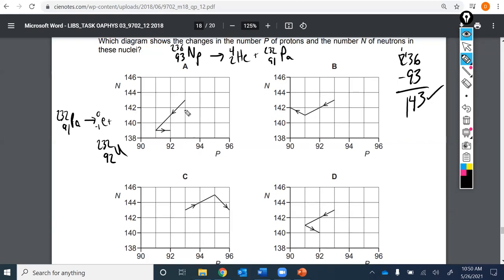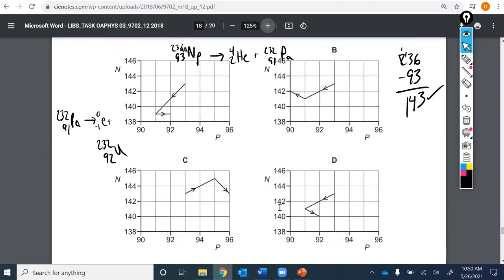This one is at 93, but then it goes up to 95. That would be like if it absorbed an alpha particle or something, it would make it less stable. So that's no good. This one, 93, goes down to 91. So, by considering the first decay, you can eliminate this one as incorrect.